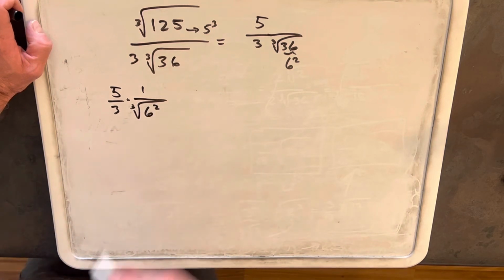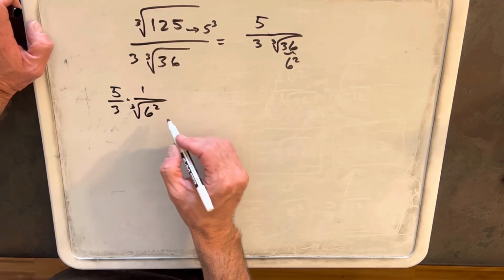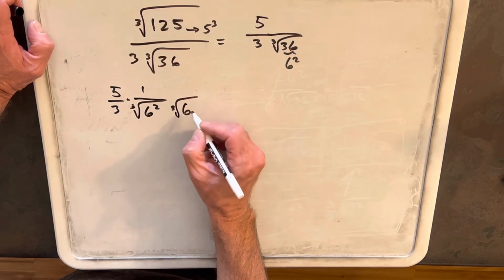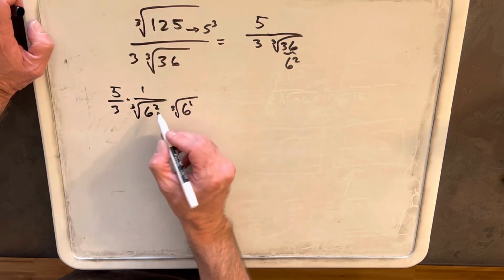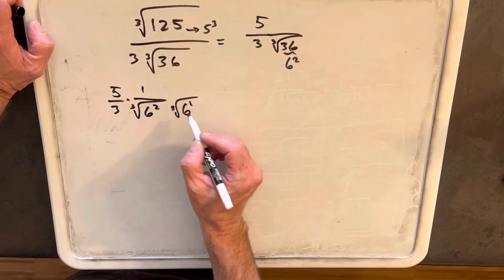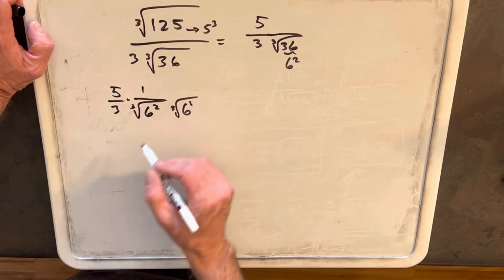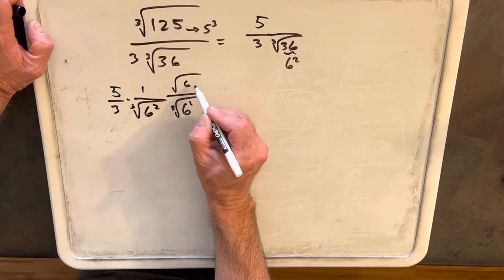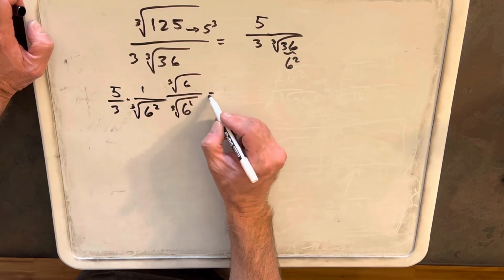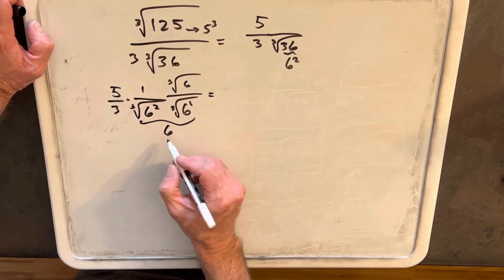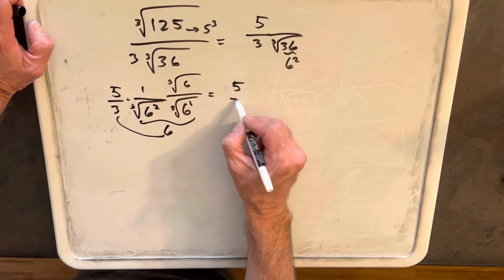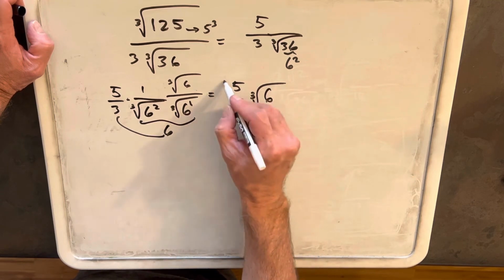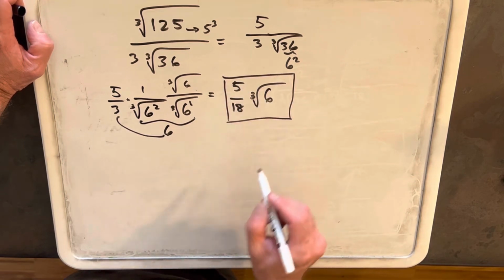We just want to rationalize this, get the radical out of the denominator. So we'll multiply, emphasize the 1, right? Because we want the exponents to add up. 2 plus 1 is 3, and then we'll be able to pull a 6 out. So this denominator is 6, that we'll multiply by the 3, and we get 5 over 18 cube root of 6. That's a pretty good one.